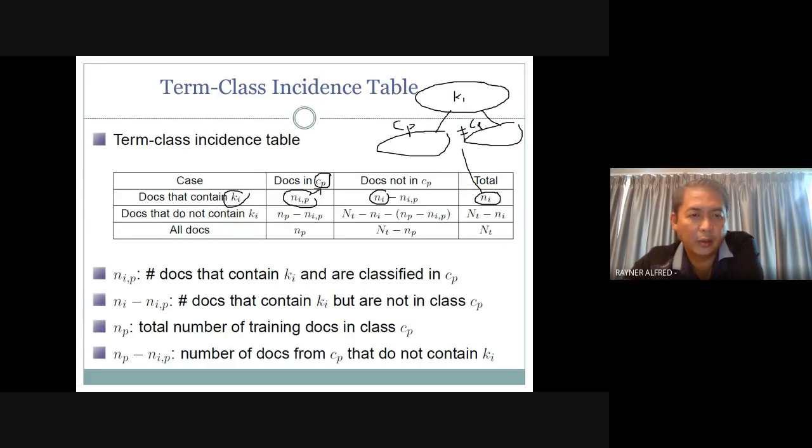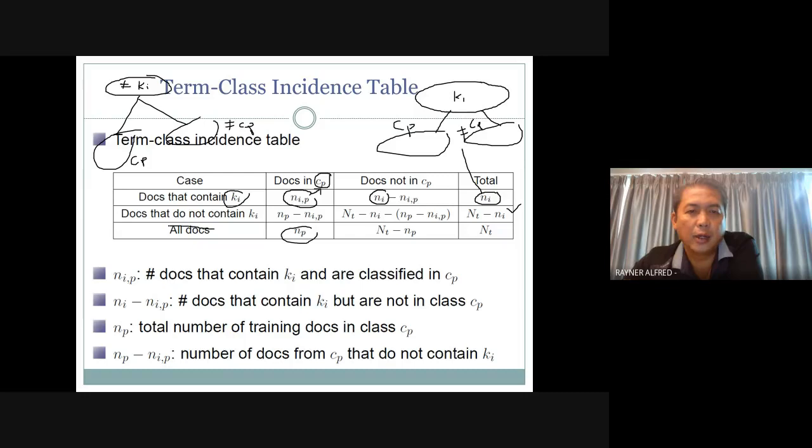So we are looking at those documents that do not contain keyword I. We could write the same thing here, and we can split them into two again: belong to class P and not belong to class P. And this is for all documents.